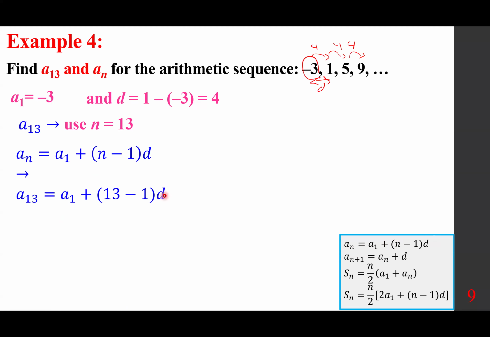D is 4. 48 and -3 result in 45. So that's pretty straightforward, everybody.